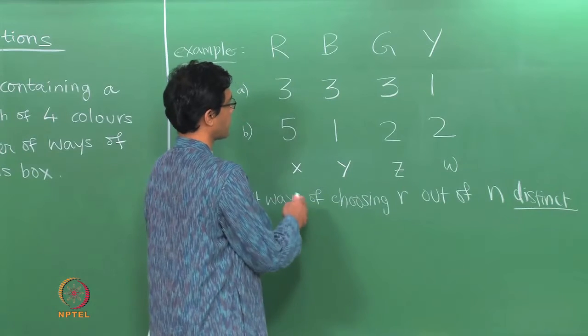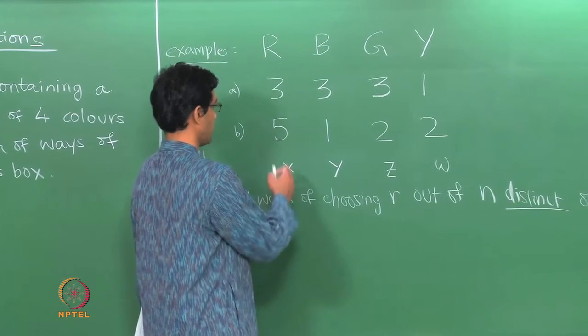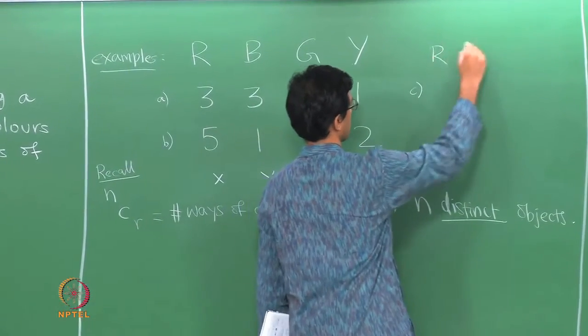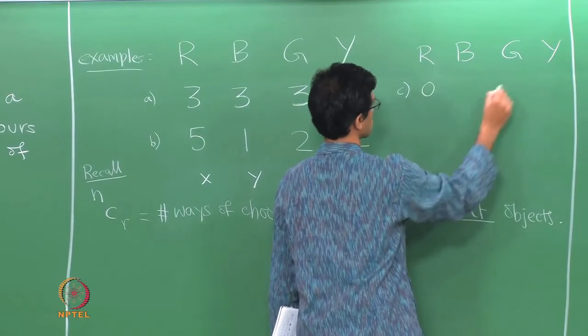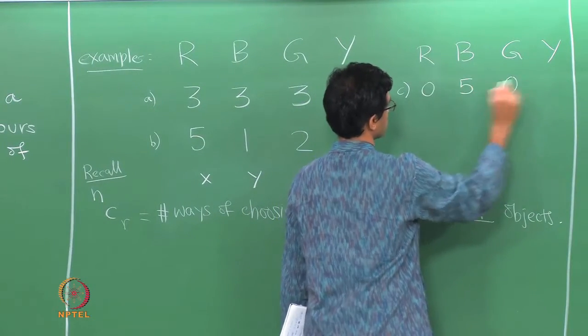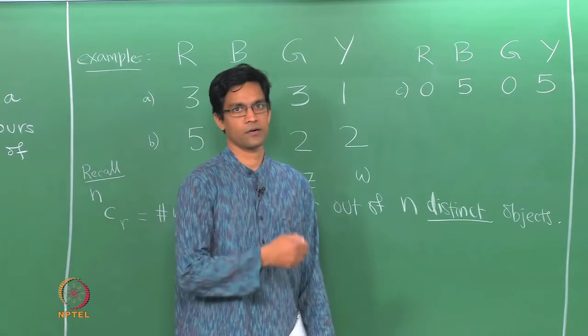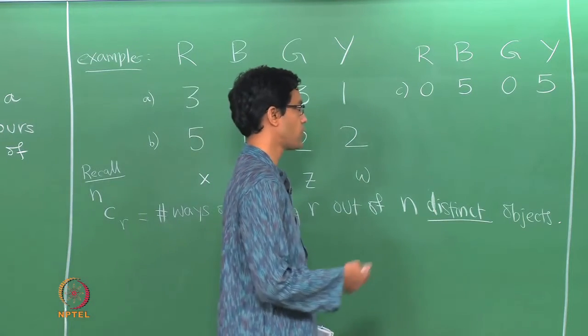So observe here that it is not necessary to choose a ball of a given color. For example, another choice here could be: you may choose 0 red balls, 0 green balls and maybe 5 each of blue and yellow. This is also a valid choice. So you are not required to choose at least 1 ball of each color. You can choose 0 balls for instance.